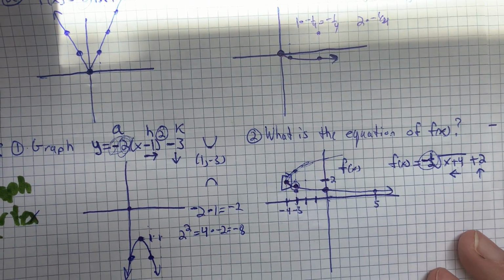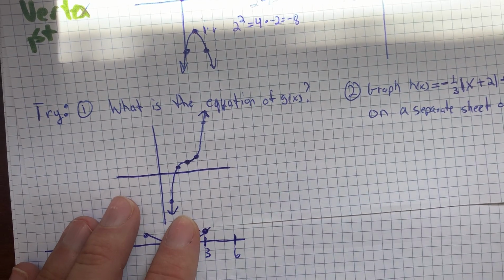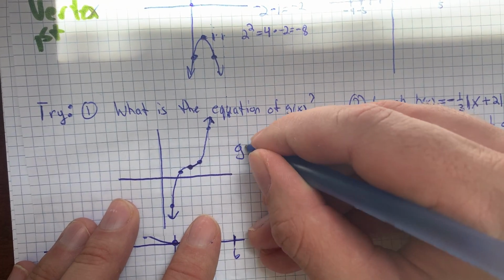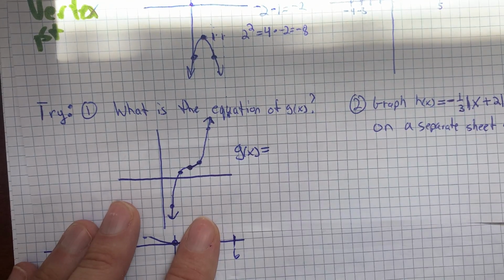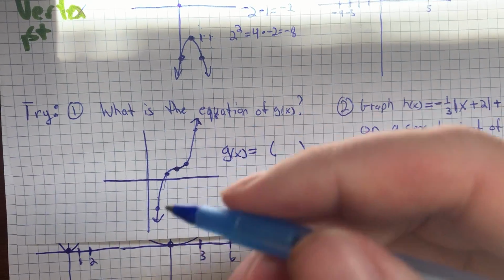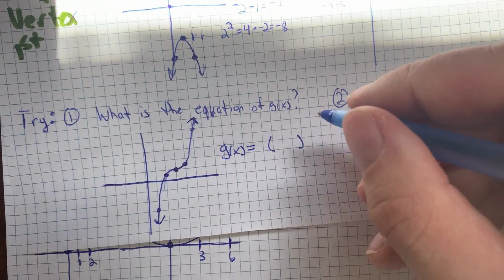Okay? Why don't you try this on your own? See how you can do. What is the equation of g of x here? And we should get that g of x equals, this is a cubic parent function because we notice it has the same shape as the cubic parent function. So it's a cubic.